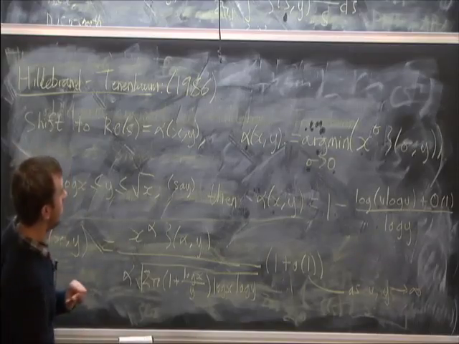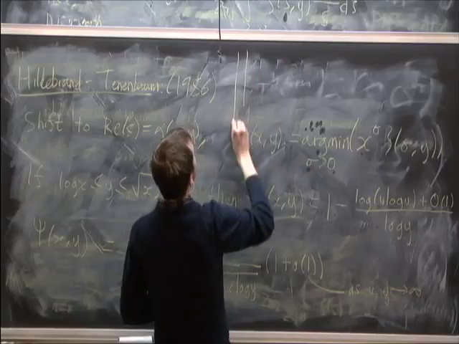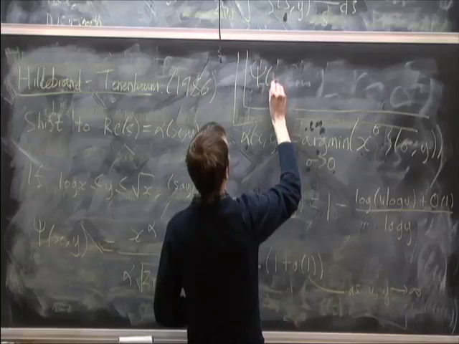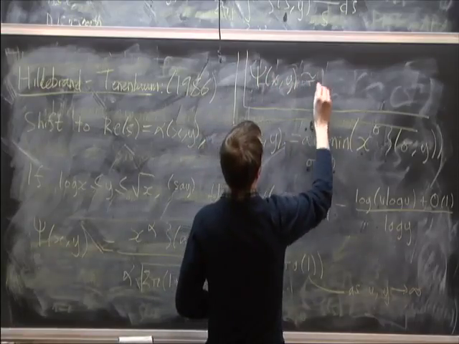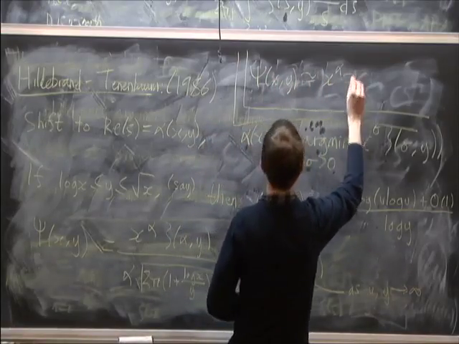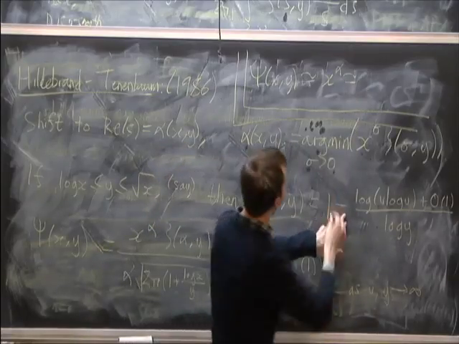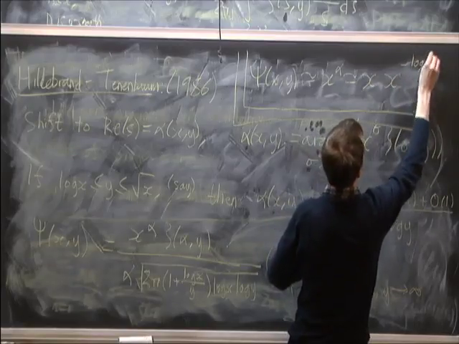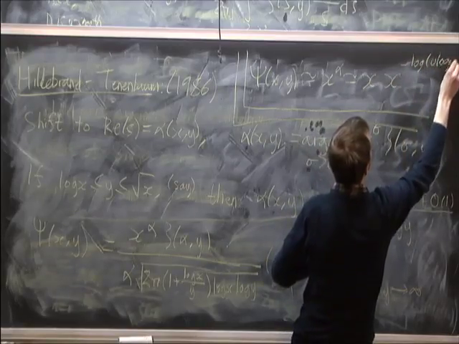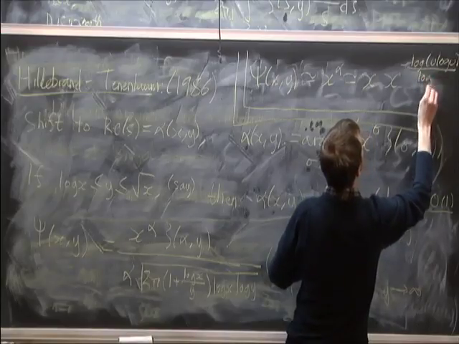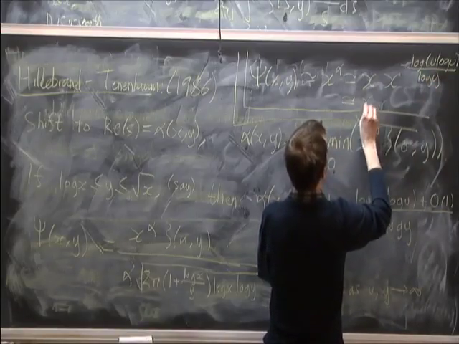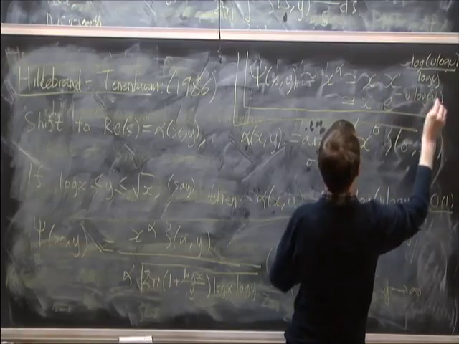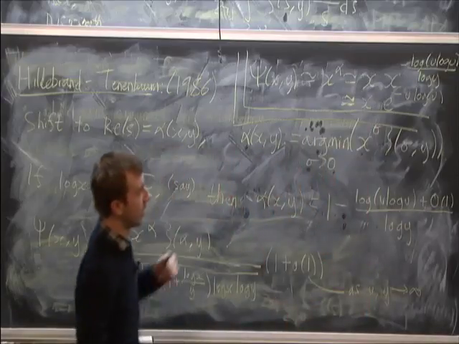So very roughly, this is like x to the alpha, which is like, from here, x to the minus log... okay, log x over log y is u.